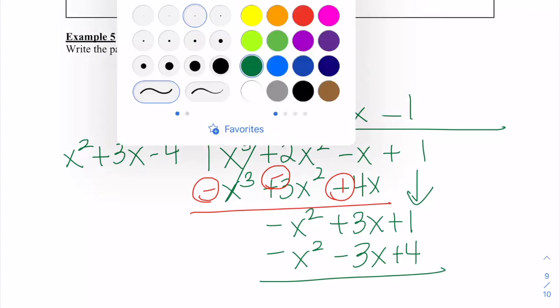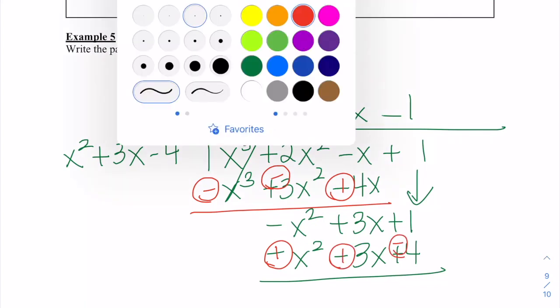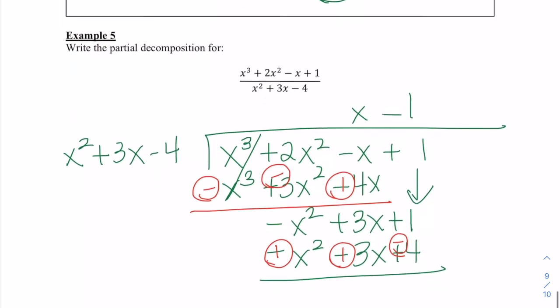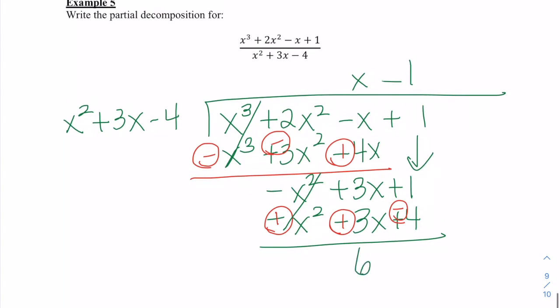Again, just be really careful with the signs. We're subtracting going down, so that becomes a positive, that becomes a positive, and that becomes a negative. So the x squared terms cancel out, and then we get 6x minus 3.